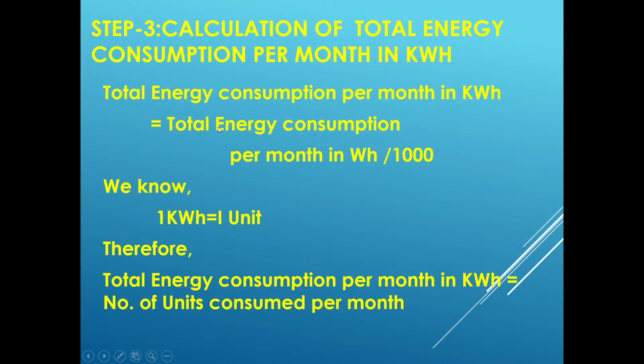Now whatever energy you have consumed is in kilowatt hour. This is the total energy consumption per month in kilowatt hour, so you just divide that by 1000. We have already discussed that 1 kilowatt hour equals 1 unit. So instead of writing kilowatt hour, you just write units.